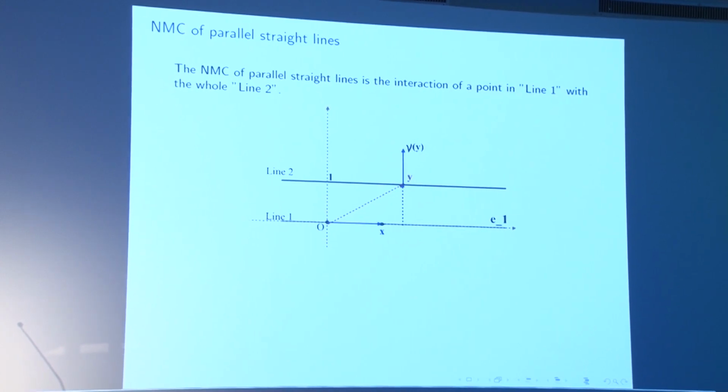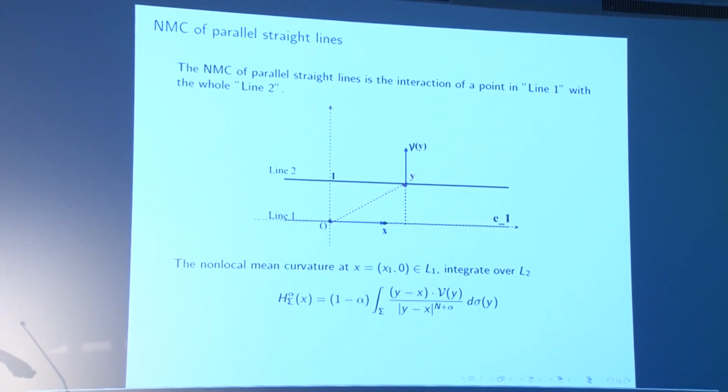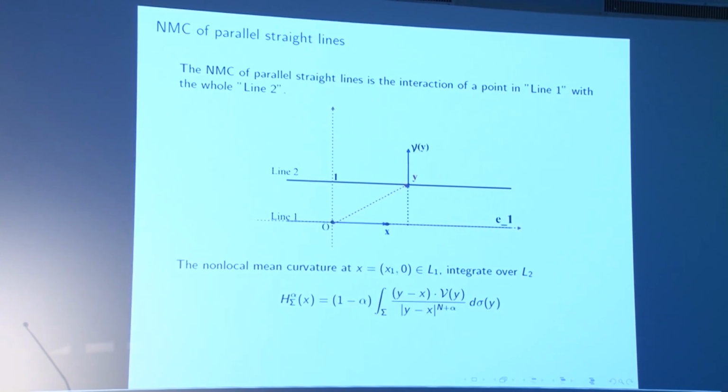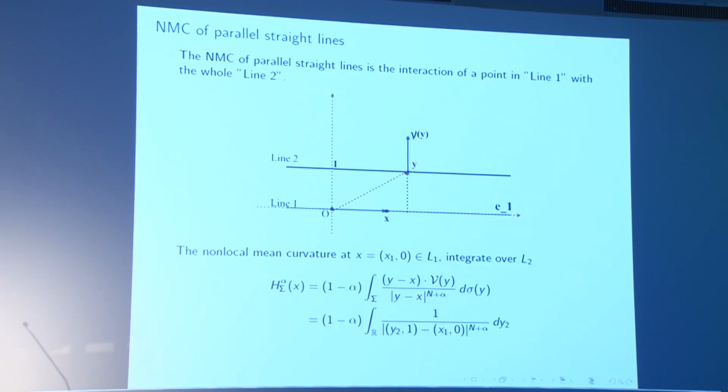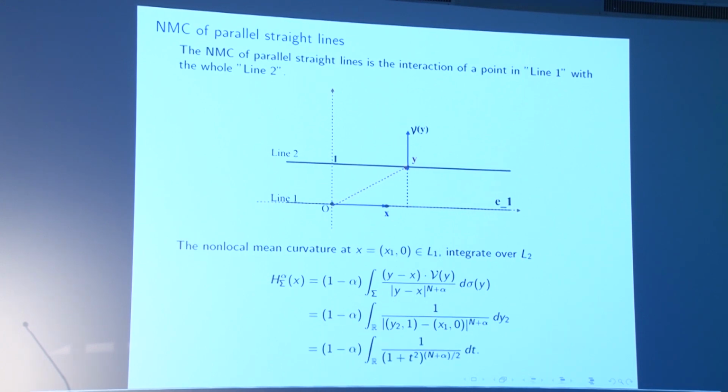And I keep the 1 minus alpha inside, because if this quantity 1 minus alpha goes to 0, I should get 0, of course, because this is the classical mean curvature of parallel lines. So in other words, we still have interaction between points and other surfaces and so on.